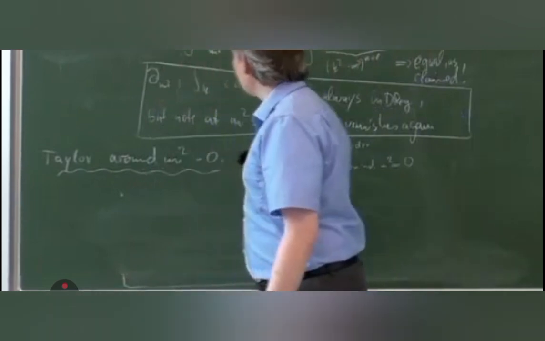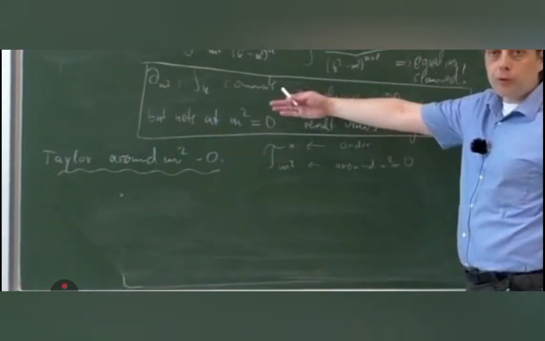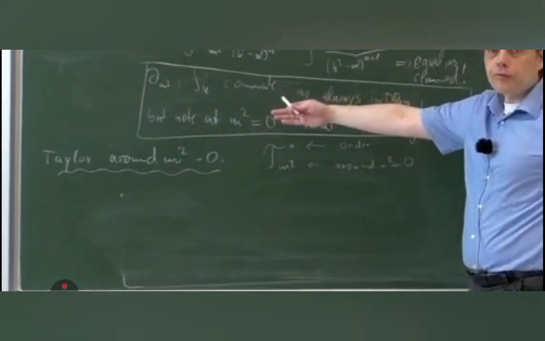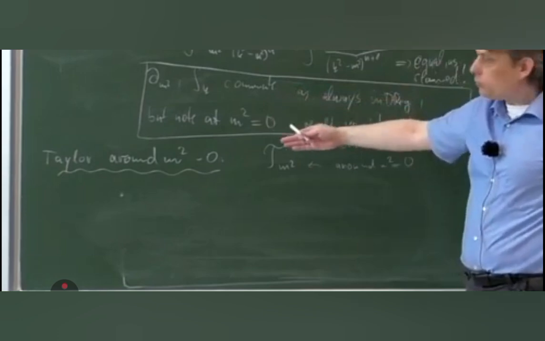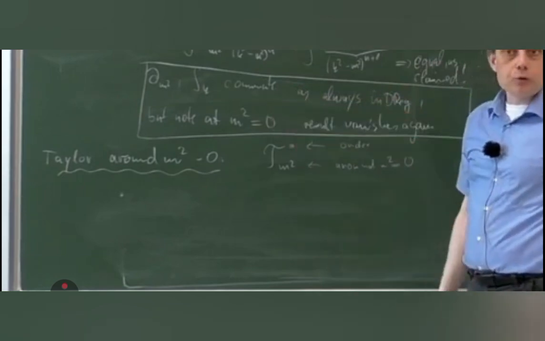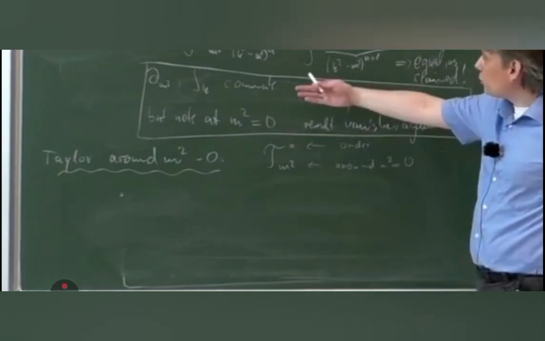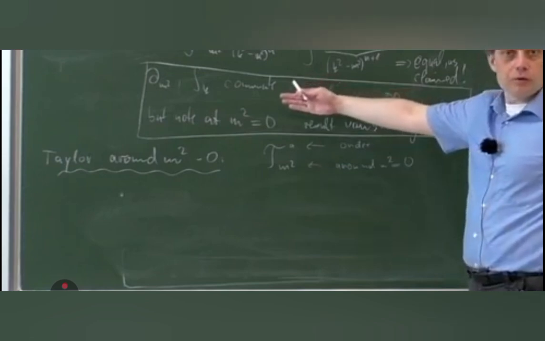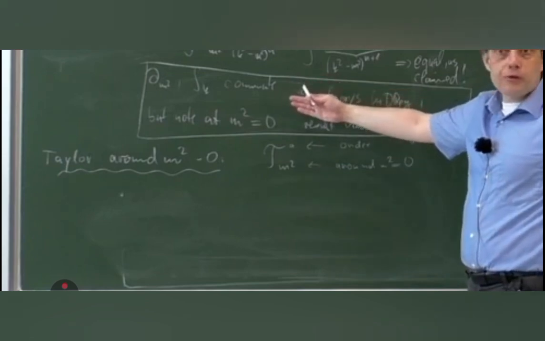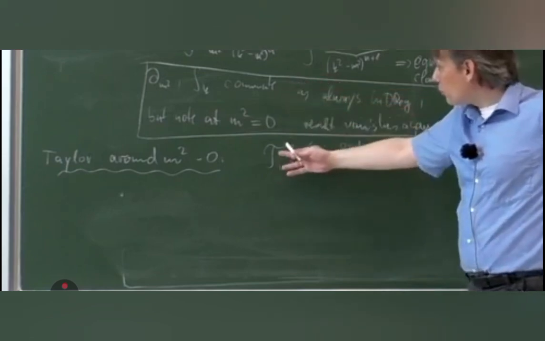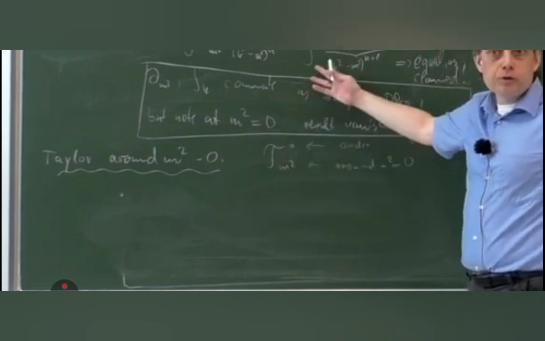Then we know the Taylor expansion means take the derivative with respect to m² and set m² to 0. And we know the derivatives commute with the integral regardless whether m² is 0 or not. Therefore, obviously, this Taylor operator commutes with the integral.